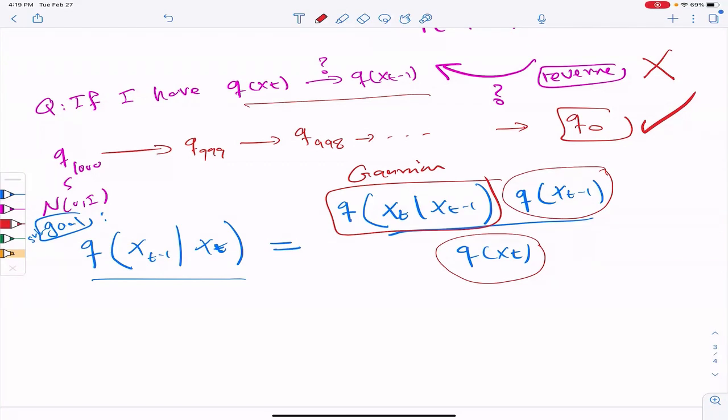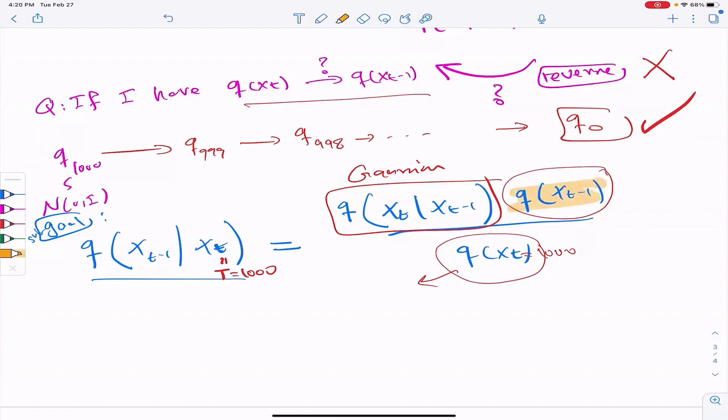What about I start from t equals 1000? So this will be q1000, right? I would have this guy, that's my nice Gaussian distribution. So I know two of the three terms I need. But what about this guy?